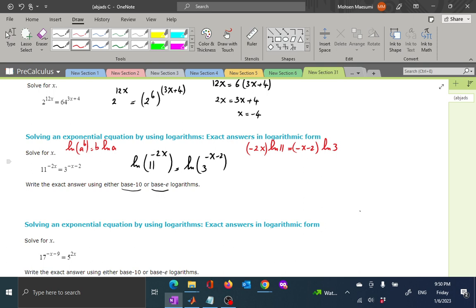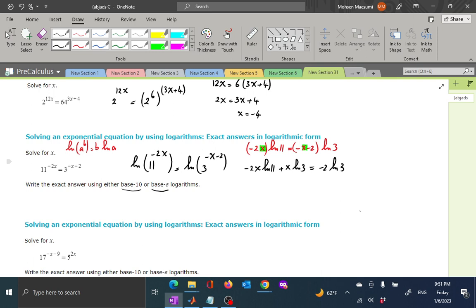What now? The important thing is now to focus on x. We want to capture x. So let's bring everything that has x to one side and see what happens. So I have minus 2x logarithm of 11, and minus x logarithm of 3 comes to this side, becomes plus x logarithm of 3, and we have minus 2 logarithm of 3 left.